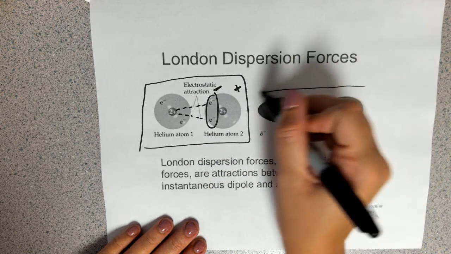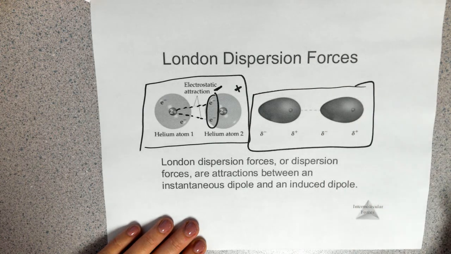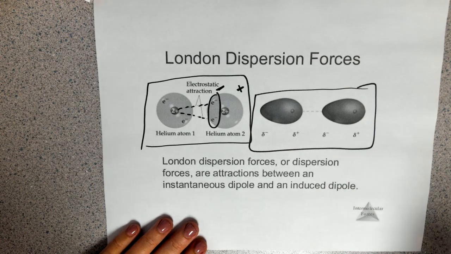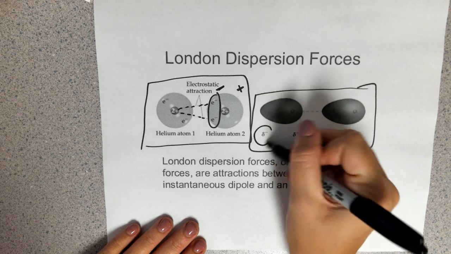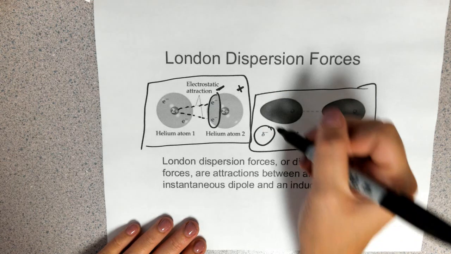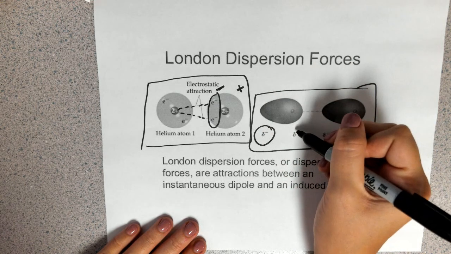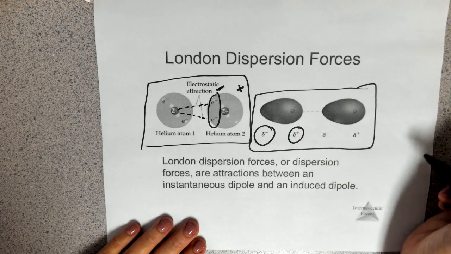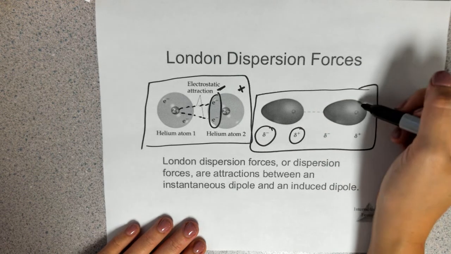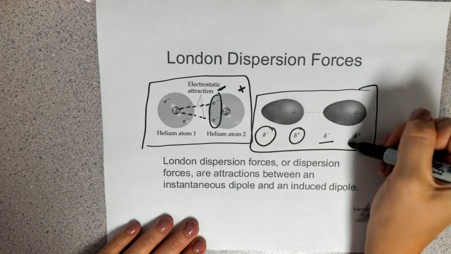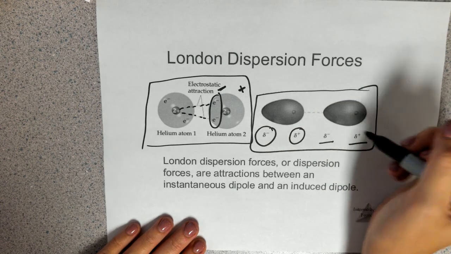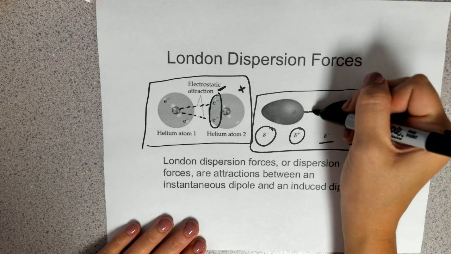And here's another picture with our partial positives and our partial negatives labeled. And again, they get close to each other, electrons randomly move. So the electrons would be on the left side of this element, while there's the partial negative, leaving this side partially positive. And then what do you know? This atom gets close to it. Now it has random dipoles, and there's an attraction between them.